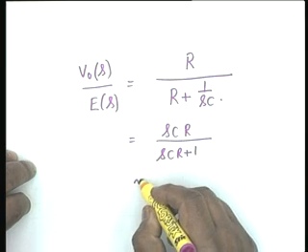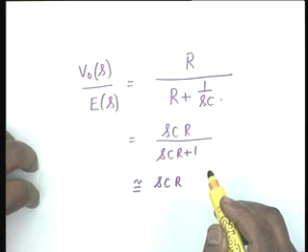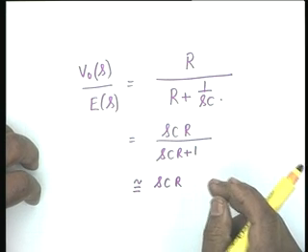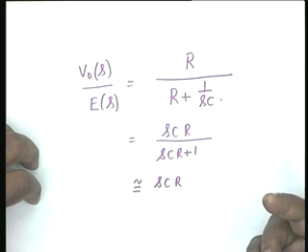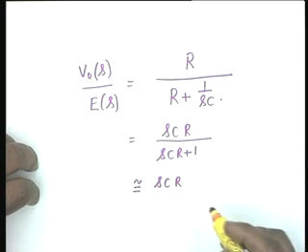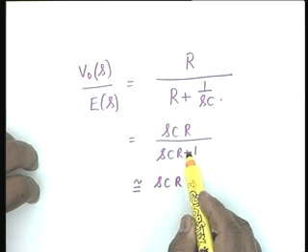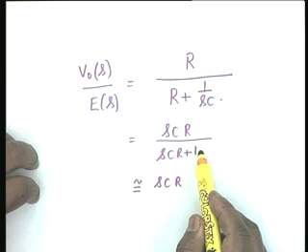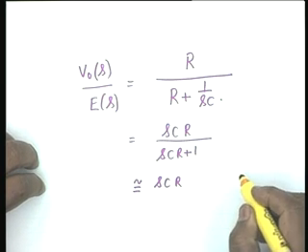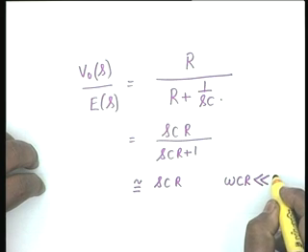It would be approximately equal to SCR, a transfer function proportional to S, which corresponds to differentiation. As you know, Laplace of d/dt means multiplication by S, so this will be approximately SCR, provided you can ignore SCR in the denominator as compared to 1, which means that in the frequency domain, omega CR should be much less compared to 1.